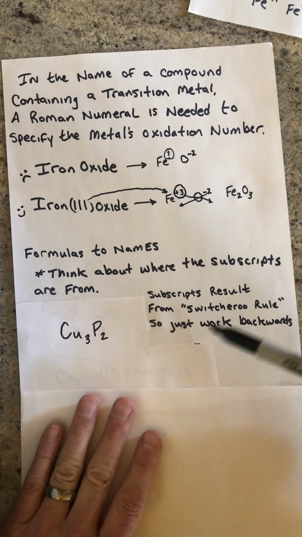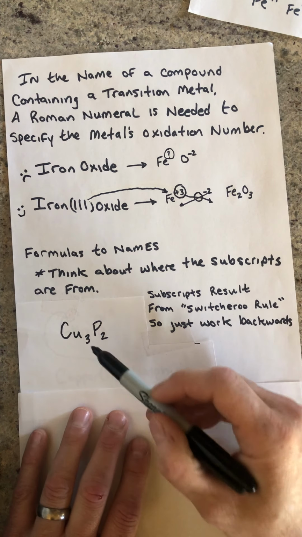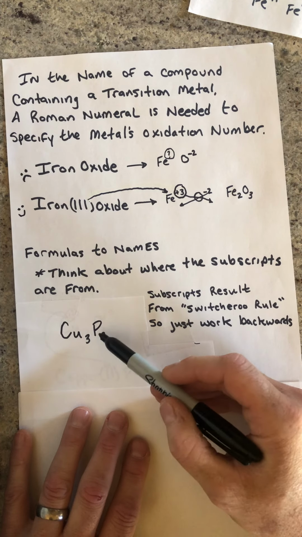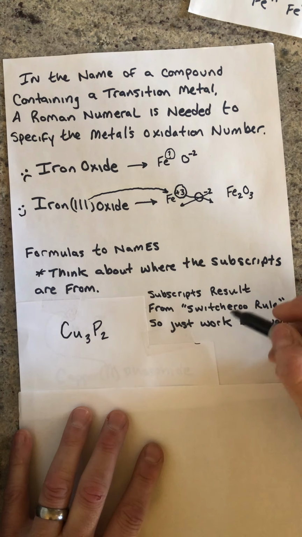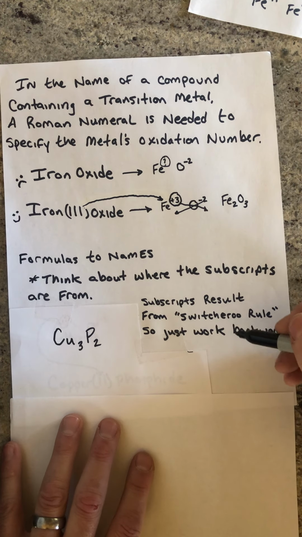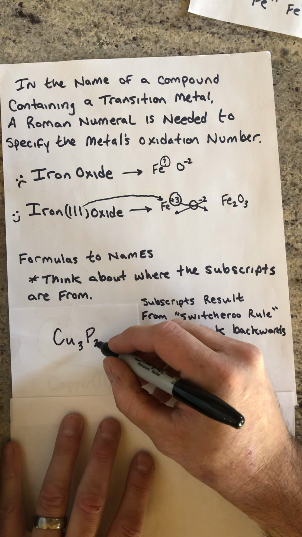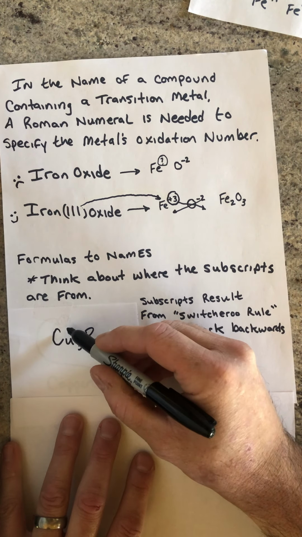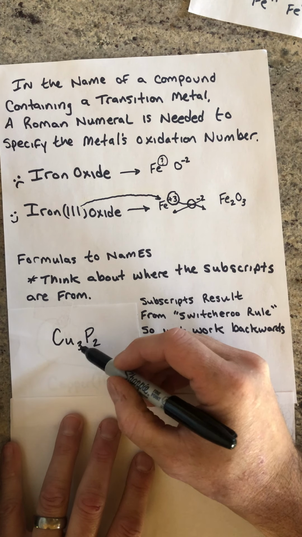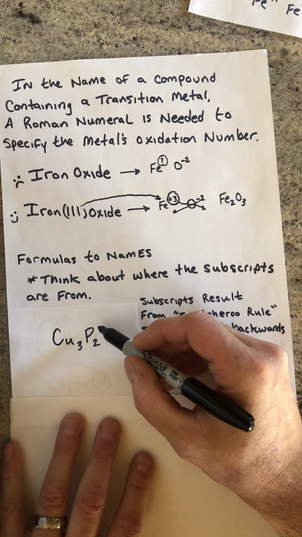So here's a chemical formula that involves copper and phosphorus, okay? And we know that the subscripts in a formula result from the switcheroo rule, right? We know that the 2 must have been the oxidation state for copper, and the 3 is the oxidation state for phosphorus.